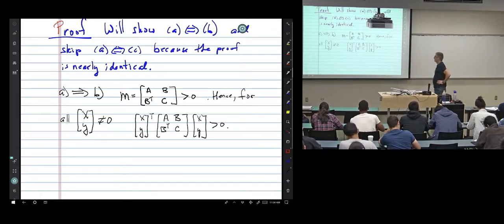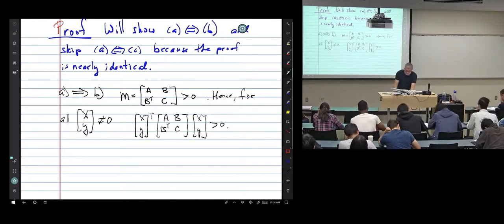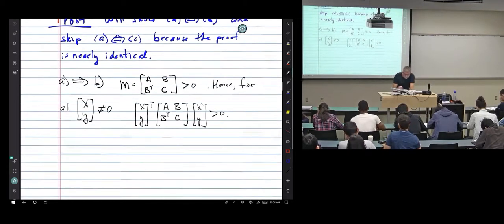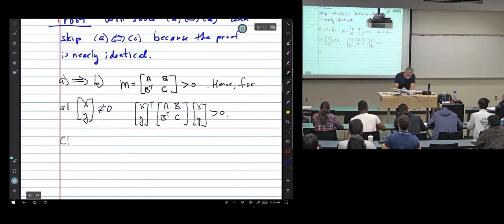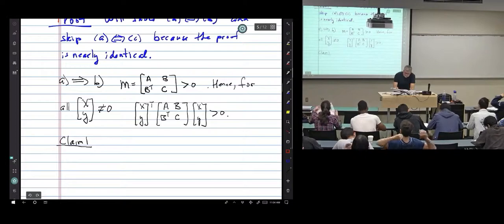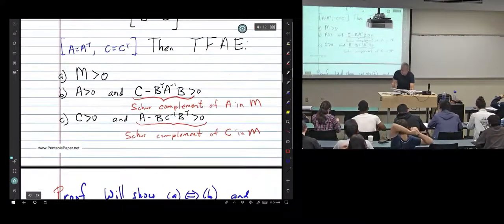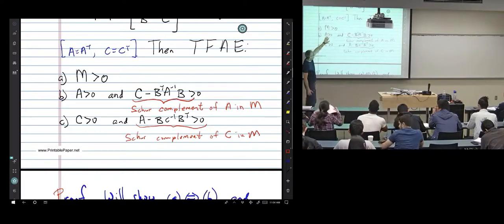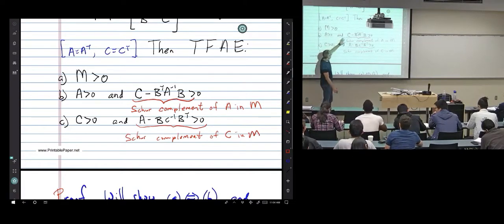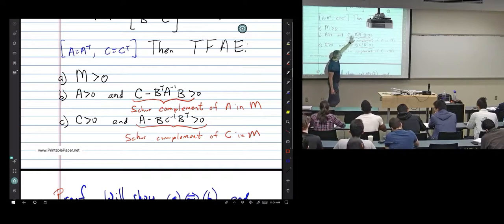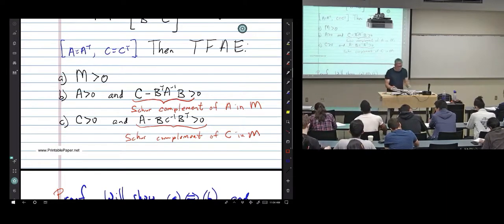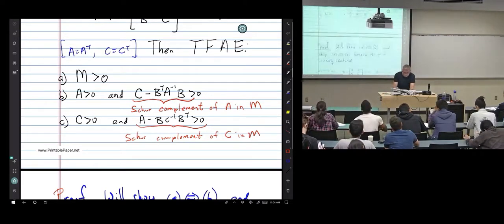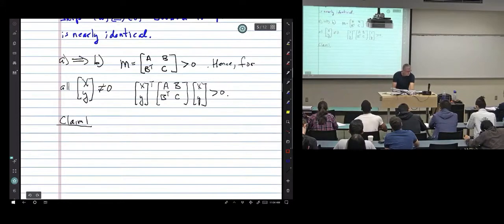Okay, so that's what we know. Okay, let's go back and see what we're trying to show. The first thing we want to show is that the upper corner matrix has to be positive definite. And then we get C minus something is still positive definite. Okay, so the upper corner is easy.